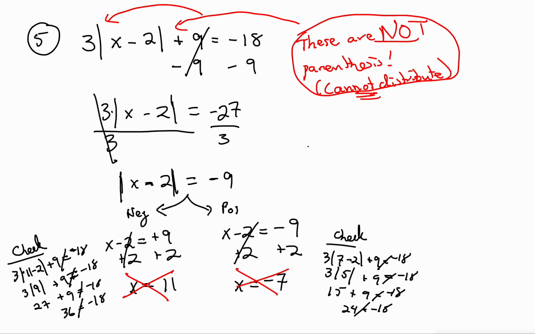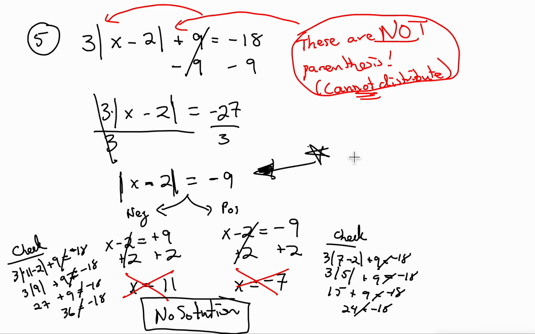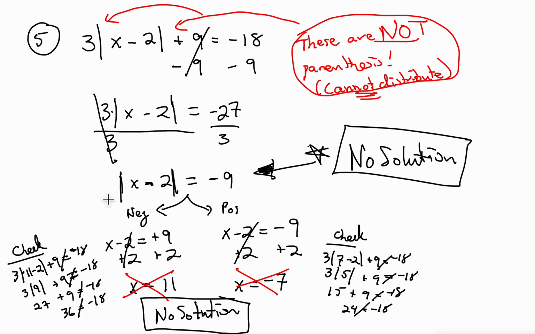And remember, when we were solving this before, this is a no solution. That no solution answer is important, because right here, at this spot, we could have written no solution and been done with our equation, because the absolute value is by itself.